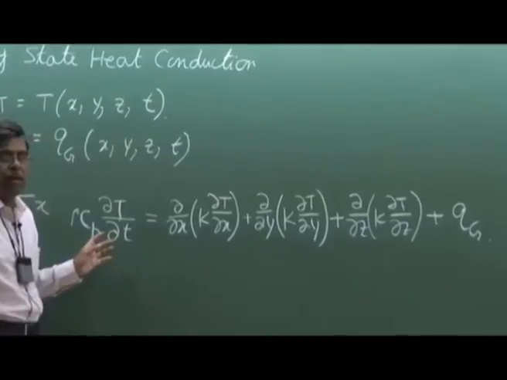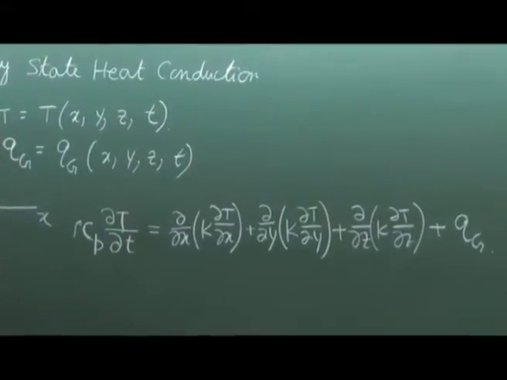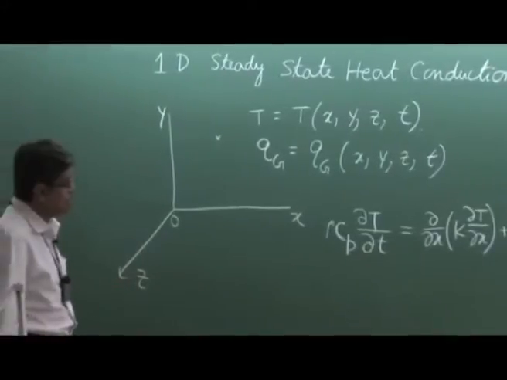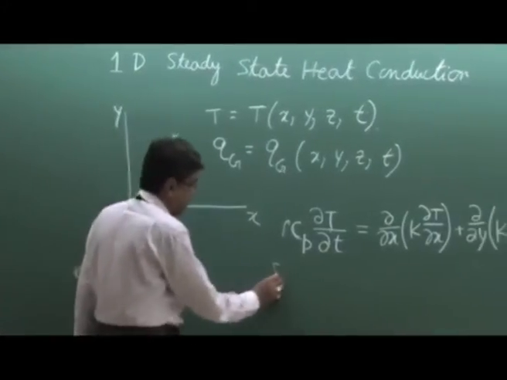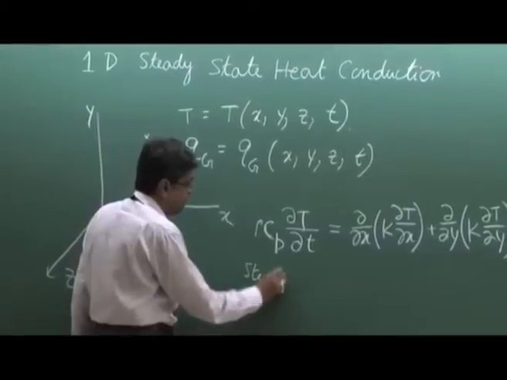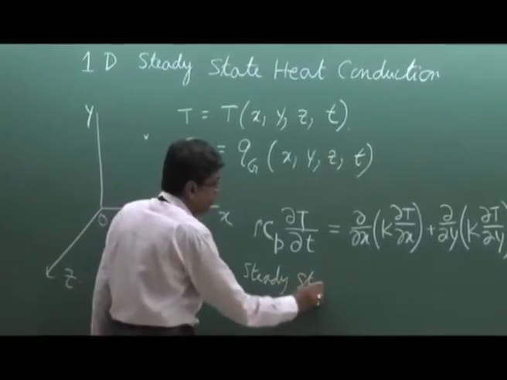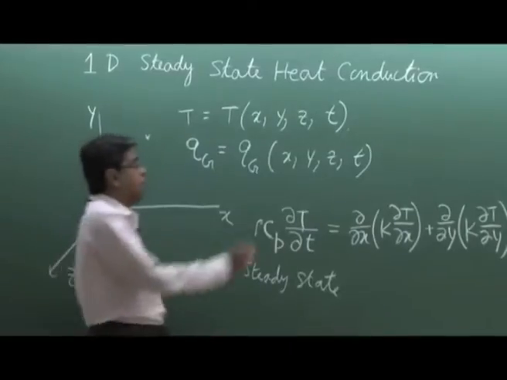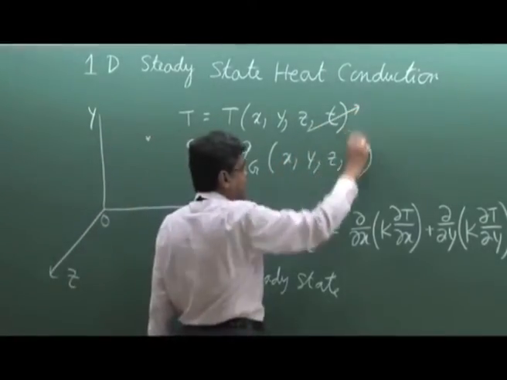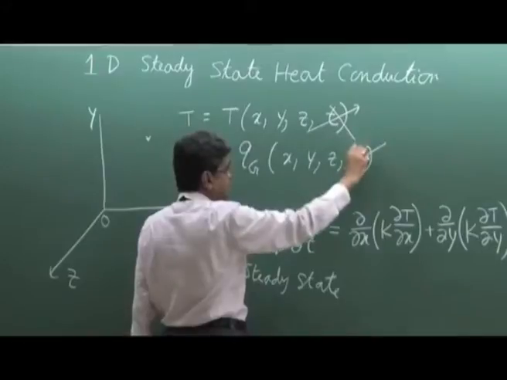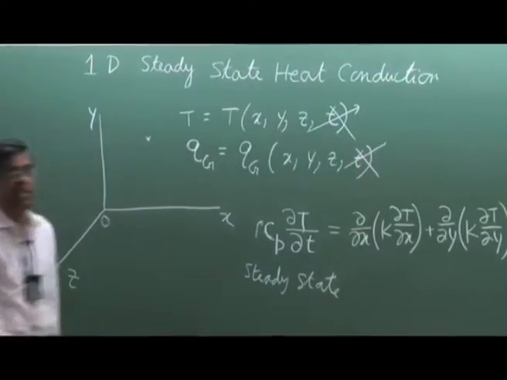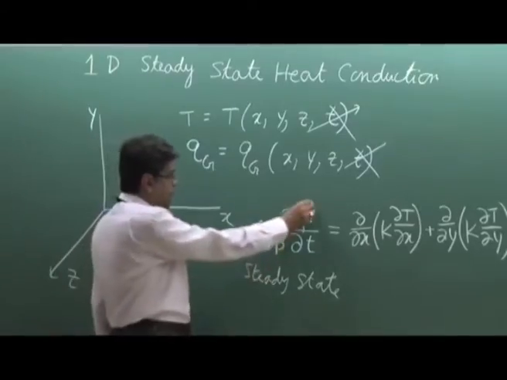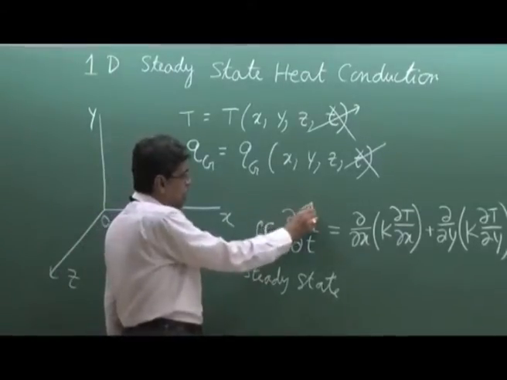Now, if we make simplifications to this, first if we consider steady state, it means both the temperature and the heat generation cease to be a function of t. So therefore, this temporal derivative is 0.